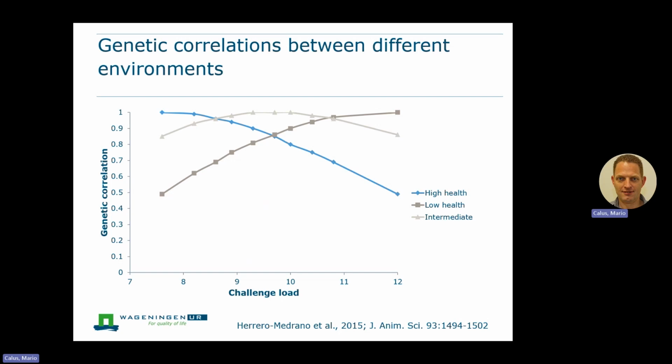We can also do this taking as one environment the one with the lowest health status, and then we get this other curve, and we see the opposite pattern. Finally, the one in the middle takes as a starting point the average or intermediate environment. So we see a genetic correlation of 1, because that's with the environment itself, and then to both sides it starts to drop off.